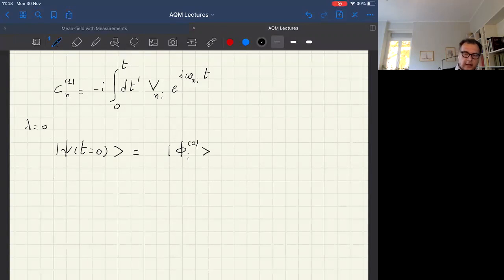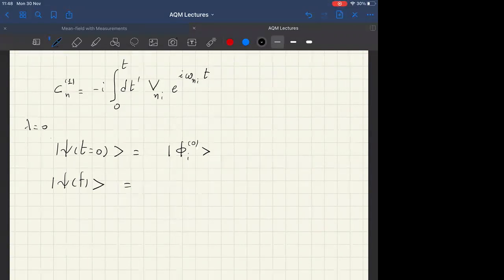Now, can you tell me what is the evolution at a later time if I start from this state? Times the unitary operator. Very good.